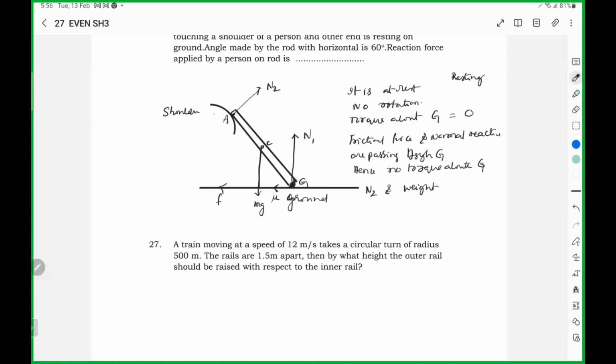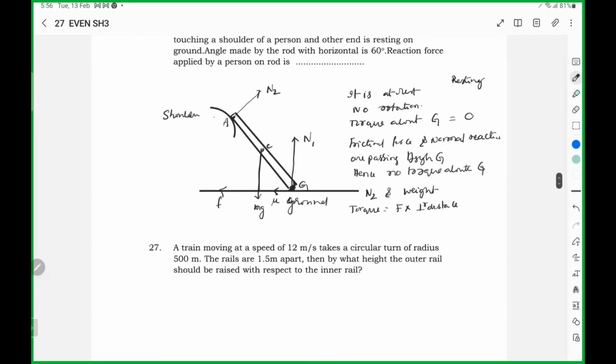So here torque will be force into perpendicular distance. In one case, that is N2 into the length of the rod, force into perpendicular distance about the point where you want to calculate torque.